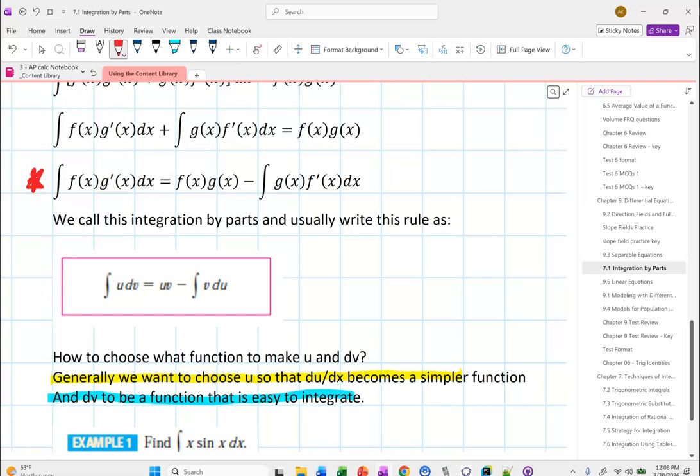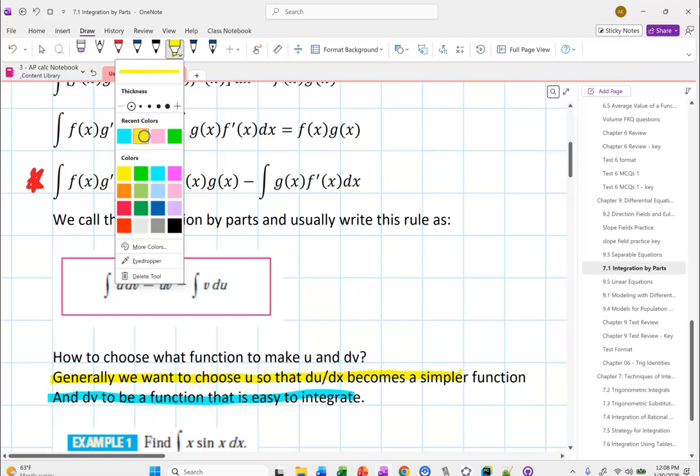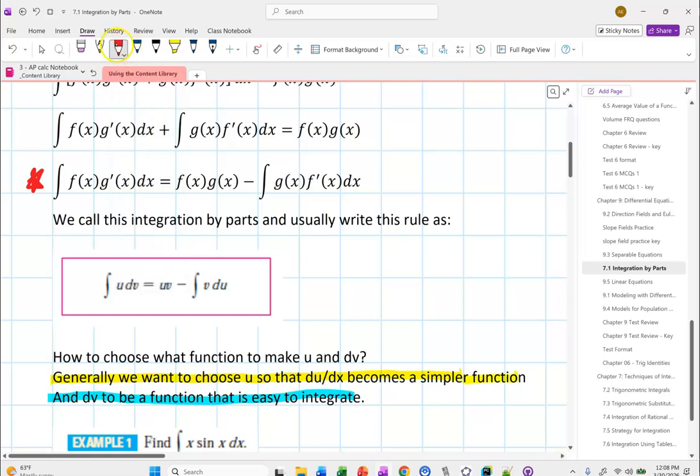So that's typically your guideline for choosing your U and your dV. Again, I say typically because you might run into a situation where it's not obvious which one you should pick as which, or in certain special circumstances, the dV being easy to integrate becomes more important than the U getting simpler.